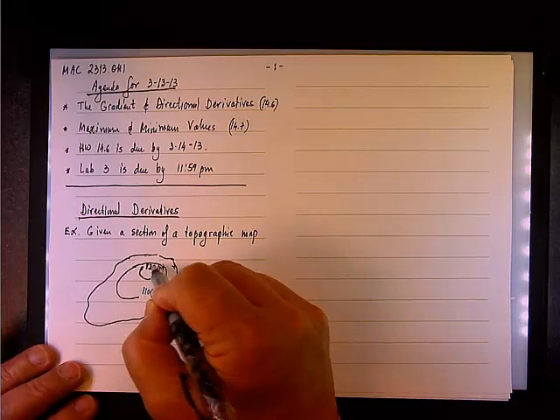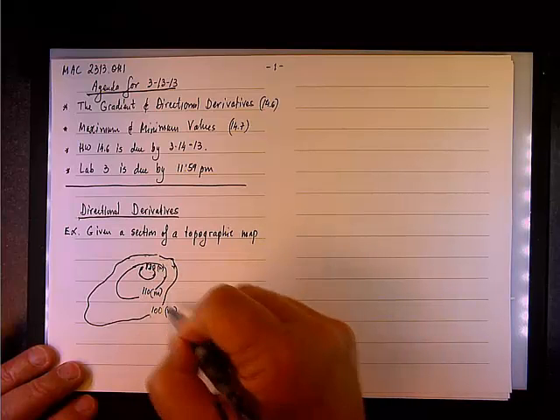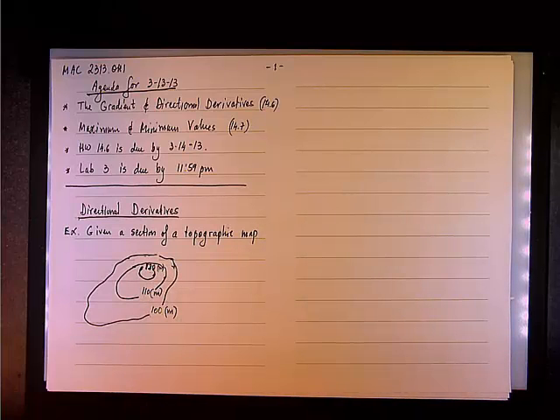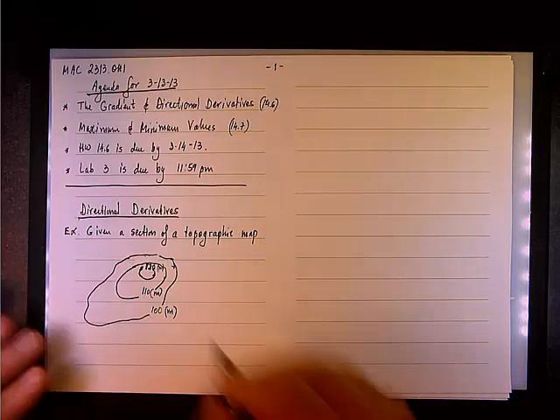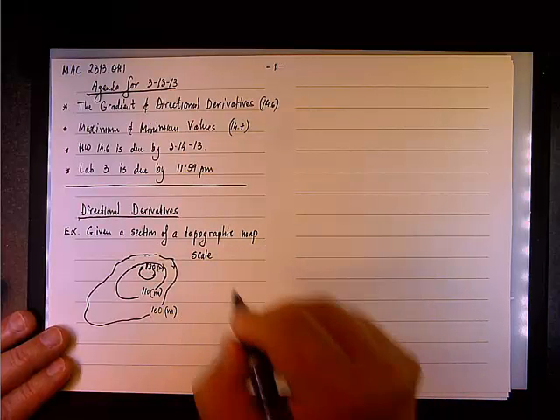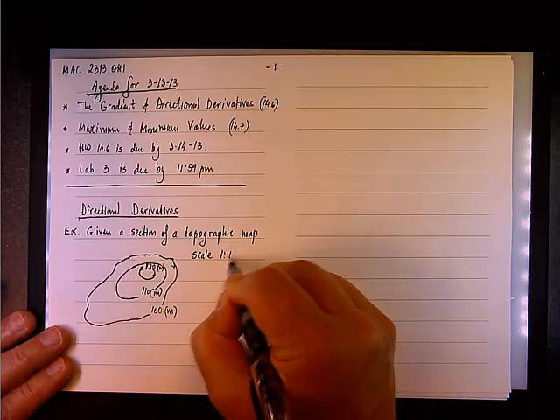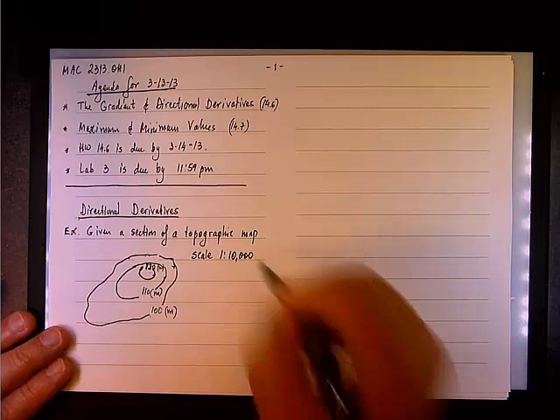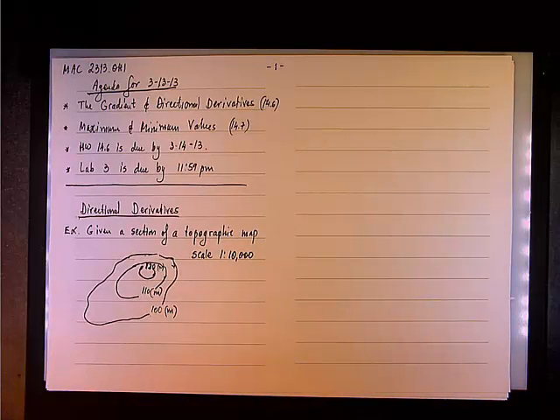Each curve represents a different elevation, and you can see that the units are in meters. So I went metric on you here. Also, the scale of this map is 1 to 10,000.